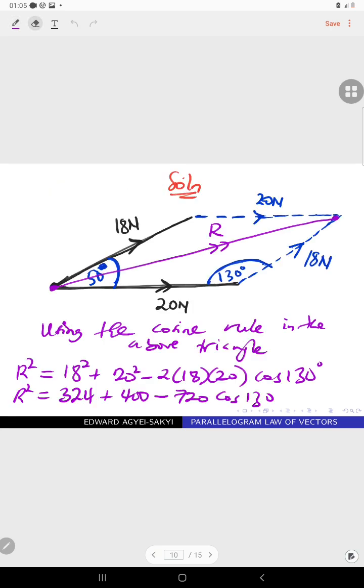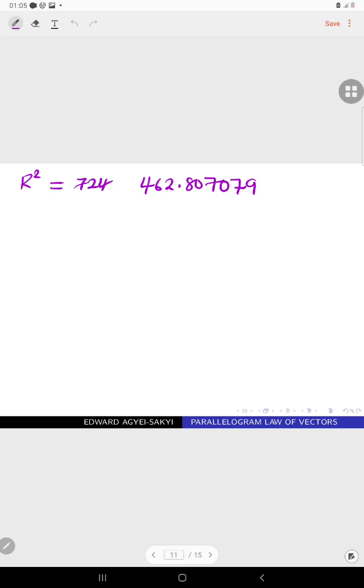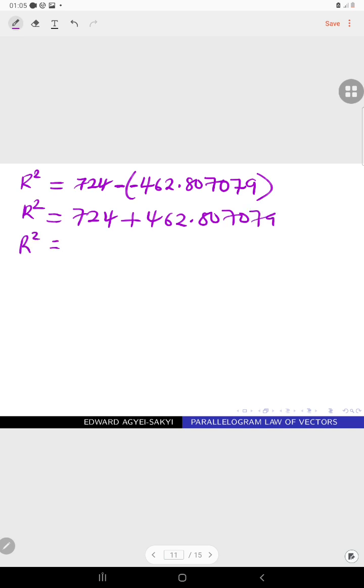Don't forget, there is already a negative in the formula. The negative came, but the result yielded a negative answer, so take note so that you don't make that mistake. So it's going to be 724 plus 462.807079.